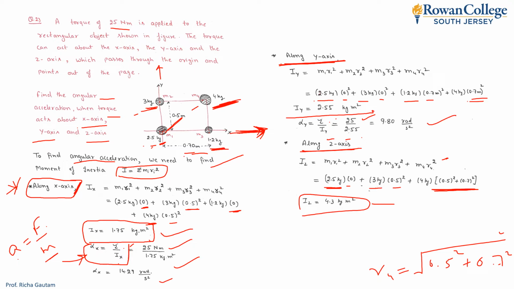So this is how you find the different moments of inertia along different axes, and you can also find alpha z. That's going to be your torque divided by I of z, and you will get the number 5.81 radians per second squared. So we got the different angular accelerations on different axes: x, y, and z.